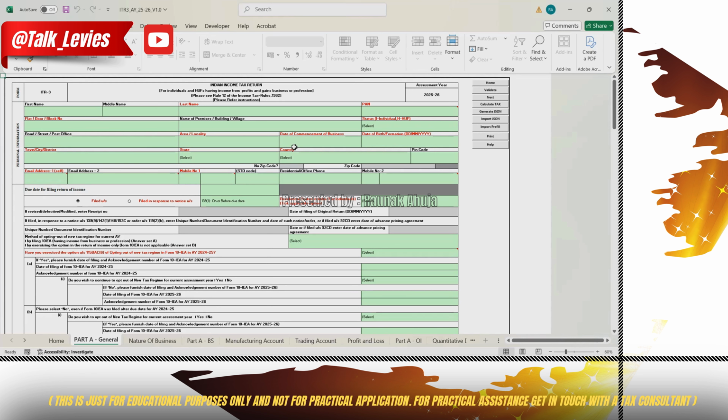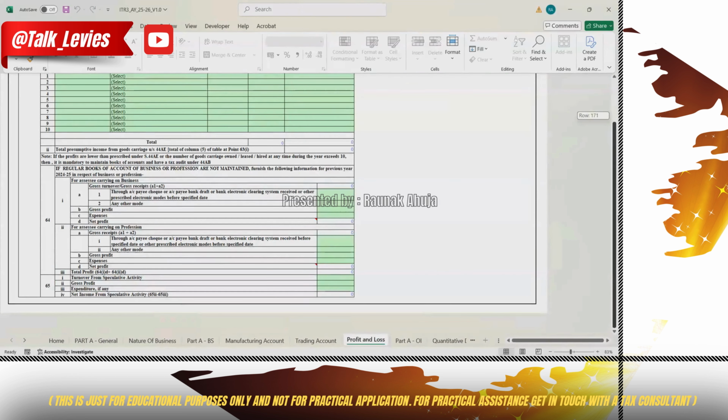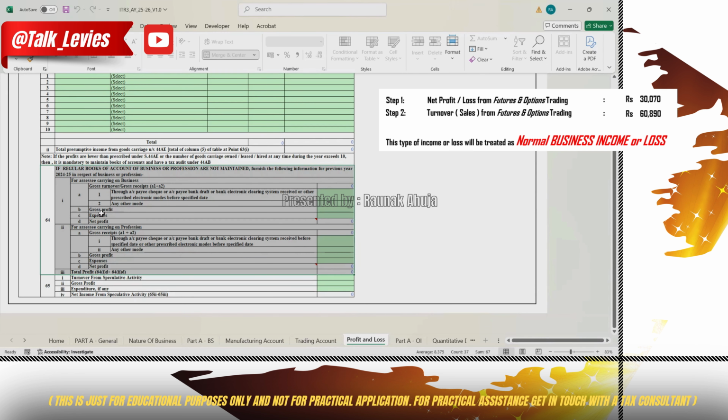Once you fill in part A of the general schedule, we then move to the profit and loss schedule. And in case you're not maintaining proper books of accounts, then scroll to the bottom and fill in the details for serial number 64. Since all the incomes or losses that have been earned through futures and options are a normal business income, hence we'll be filling up the serial number 64 details.